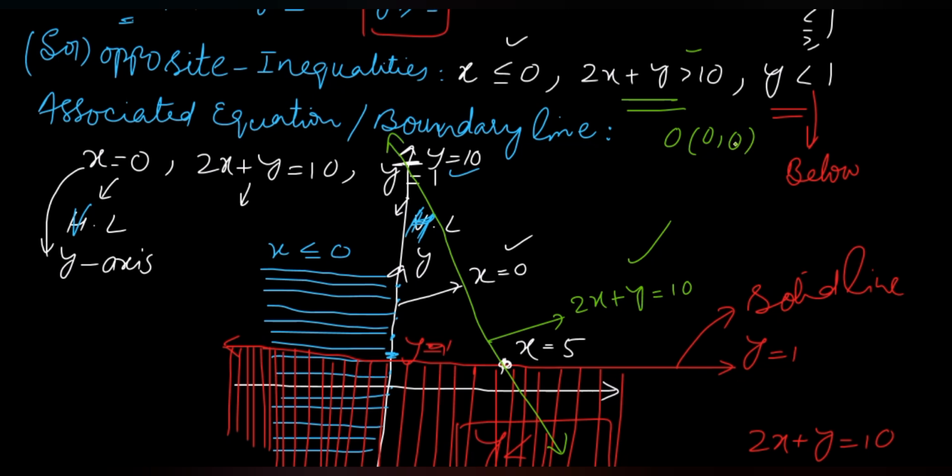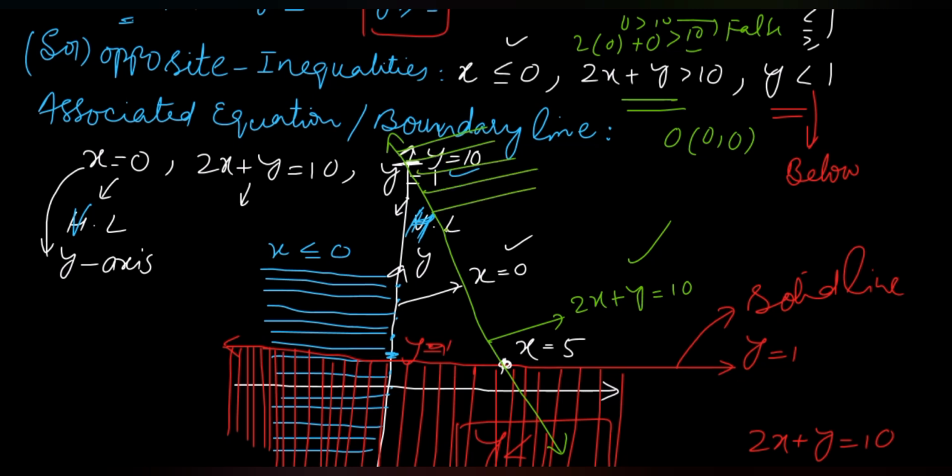That can help you to determine the direction of the graph. If you put x is equal to 0 and y is equal to 0 in the given inequality, you can see this will become 2 into 0 plus 0 greater than 10. The left side is 0, so 0 greater than 10. This is false. This shows that the graph is away from the origin. Meaning to say your graph will be above the line.